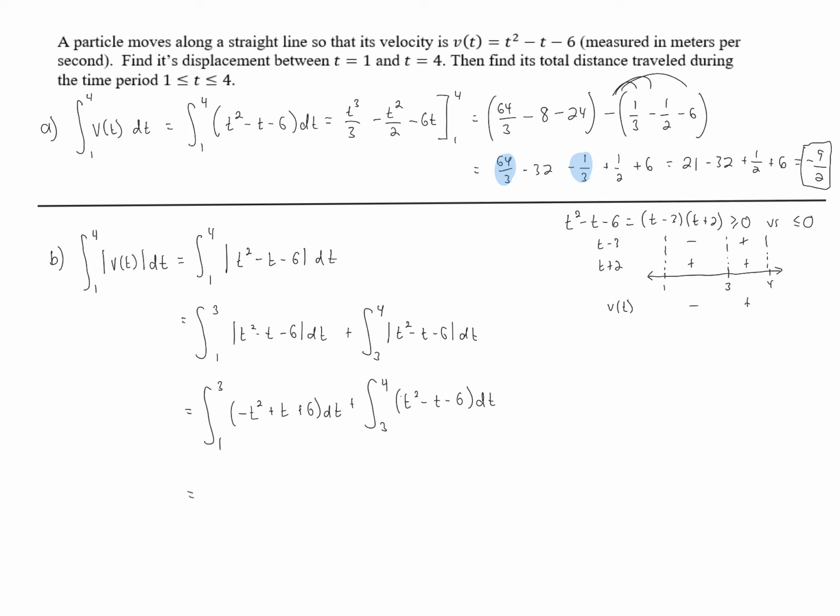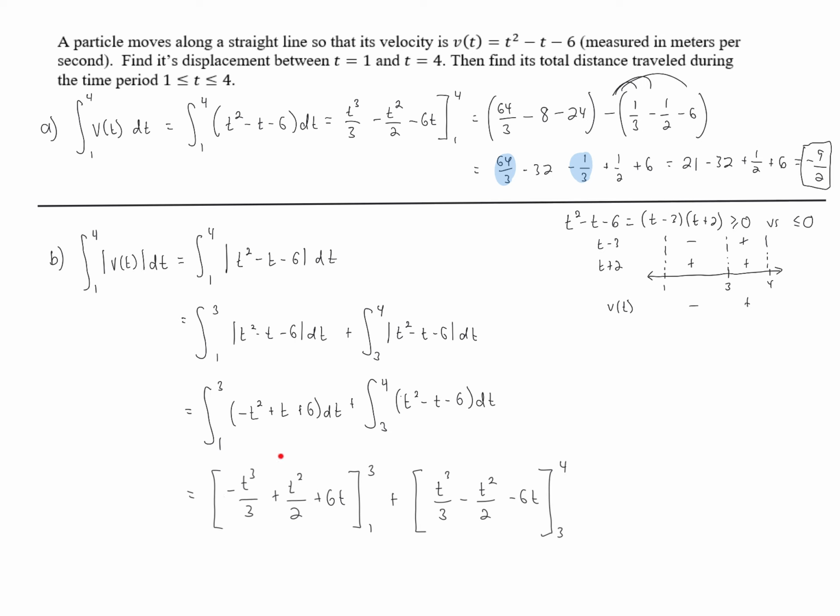So what we need to do here for this first one is take the antiderivative. And that's going to be negative t cubed over 3 plus t squared over 2 plus 6t, evaluated at 1 and 3. And then we need to add to that t cubed over 3 minus t squared over 2 minus 6t, evaluated at 3 and 4.